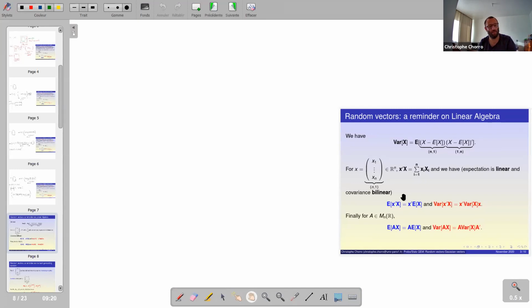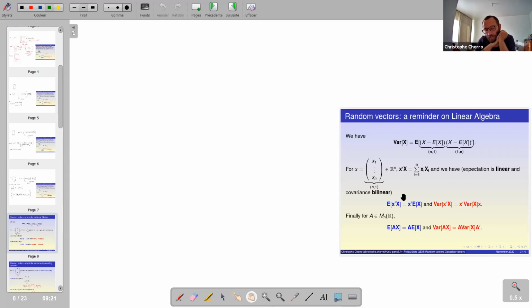We have seen here in the scalar case some properties related to expectation, variance, and covariance. Okay, we know that the expectation is linear. If you have a linear combination of scalar random variables, then the expectation of the linear combination is the linear combination of the expectations.